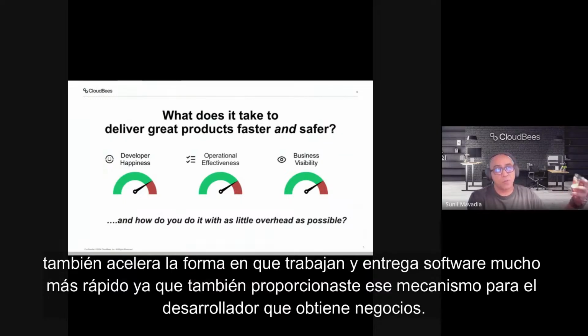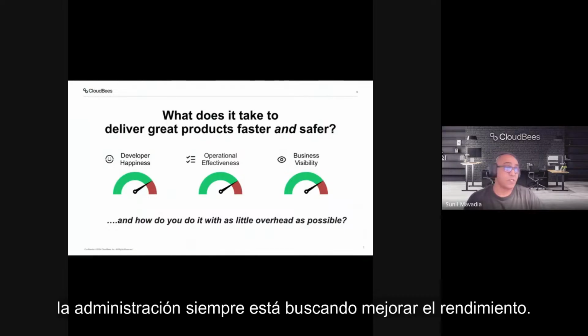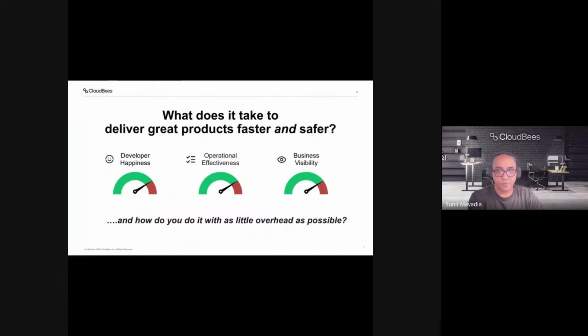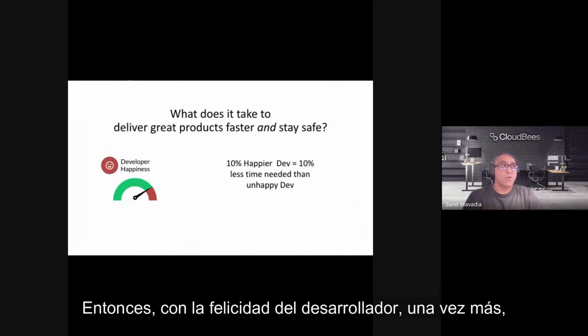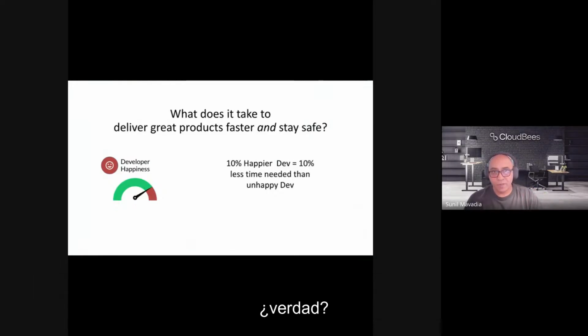As you also provide that mechanism to the developer, getting businesses the visibility of what's happening within the SDLC is a crucial piece of information that management is always looking to boost performance. So with developer happiness, again, just to reiterate, a 10% happier developer is equal to 10% less time needed than an unhappy developer, right?